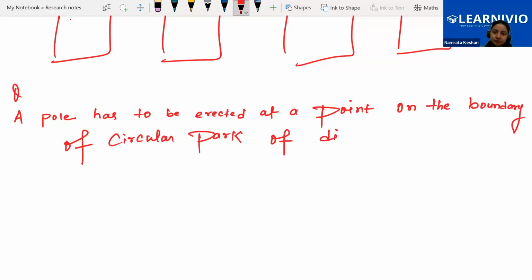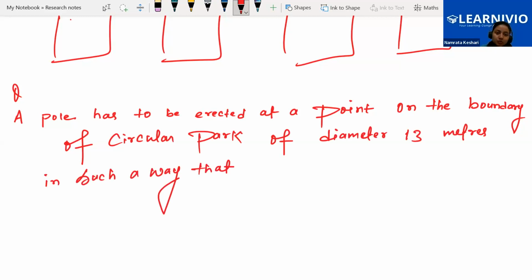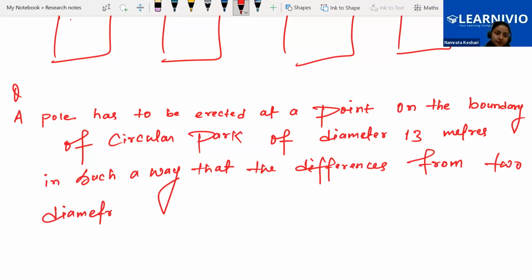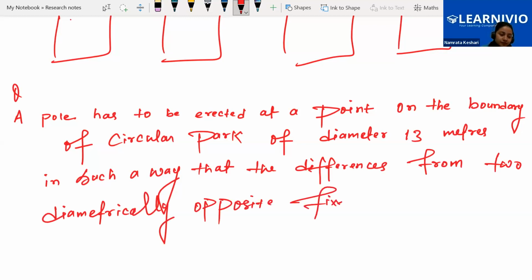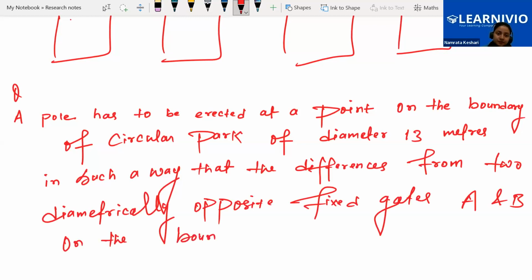The diameter of the circular path is already given 13 meters, in such a way that the difference of distances from two diametrically opposite fixed gates A and B on the boundary is 7 meters.